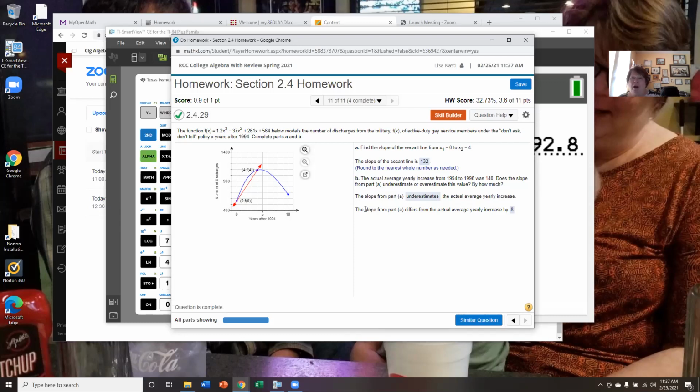So our average of our secant line is actually underestimating the average per year by 8. So over the 4-year period, it's underestimating the total amount by 32 people.